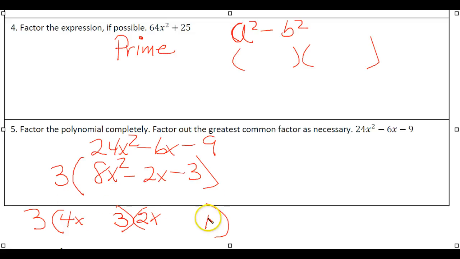My outers are 4, my inners are 6. This looks like the arrangement. Now I need my middle term to be negative, so the 6 would have to be negative, and then this is positive. And if I FOIL that, it checks out. And again, the book has it the other way, but this way is good too.